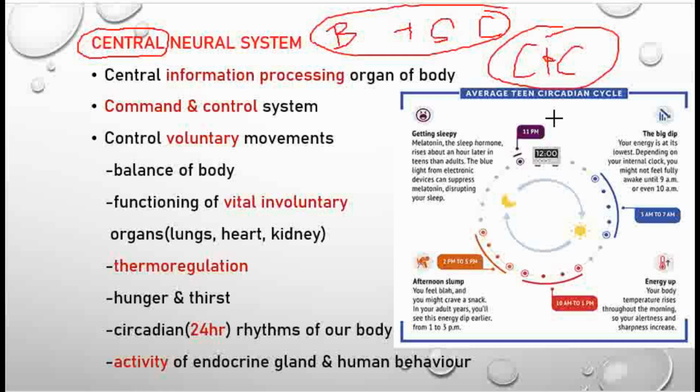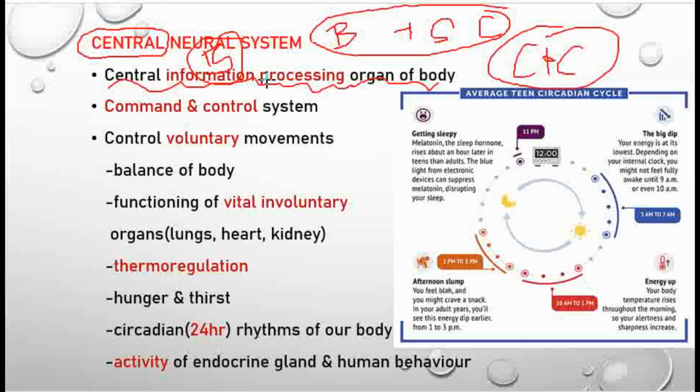And the brain. Brain is the central information processing organ of our body. This is a central organ for information processing, for our whole body.